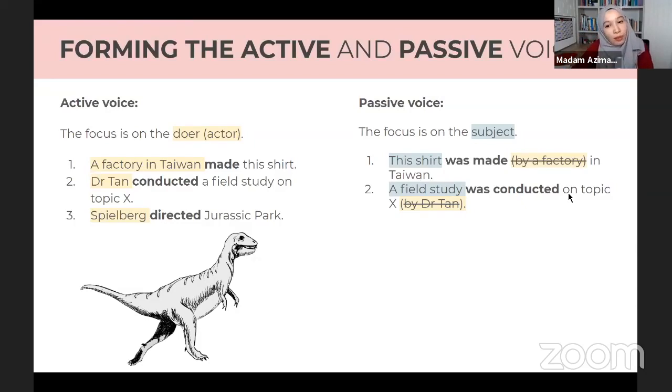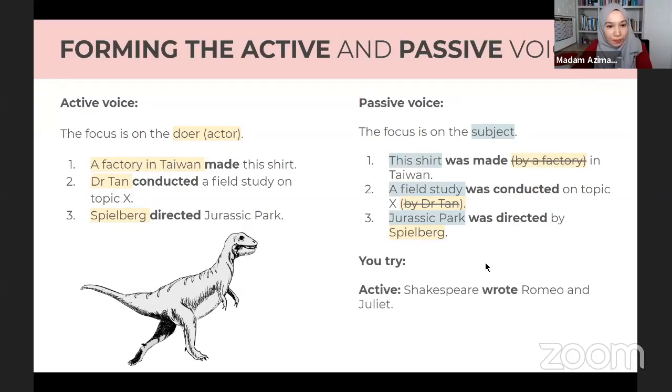Last one, what do you think about number 3? Can you do number 3? What do you think? Okay. So number 3 would be Jurassic Park was directed by Spielberg. And I want you to try this one as well. Shakespeare wrote Romeo and Juliet. William Shakespeare wrote Romeo and Juliet, the play. Okay, hope you're familiar with Shakespeare.